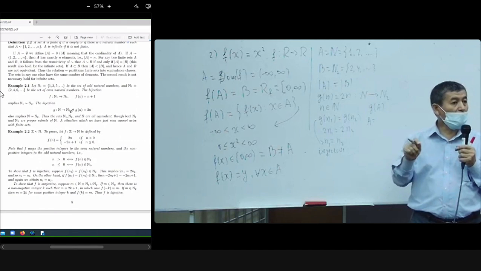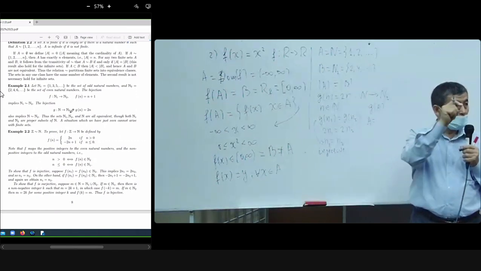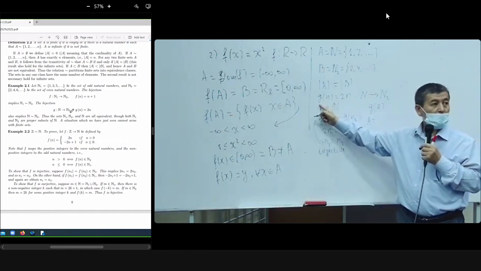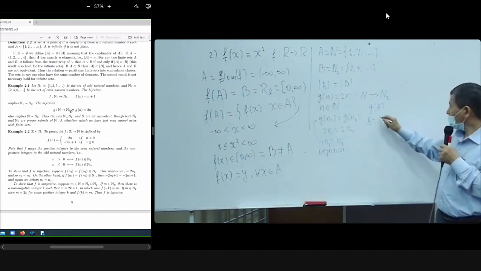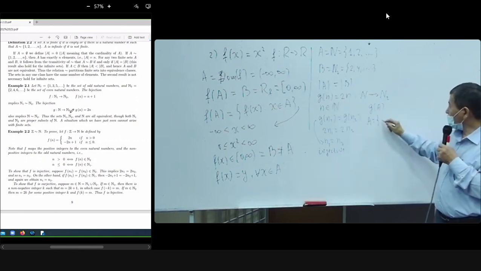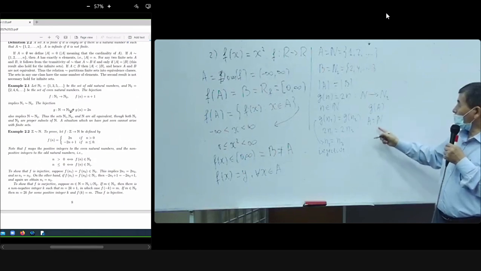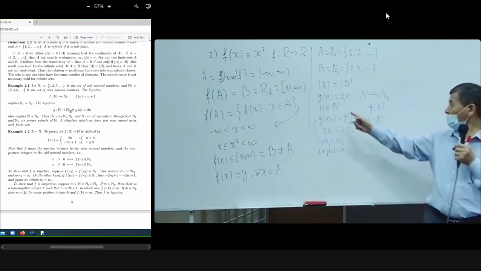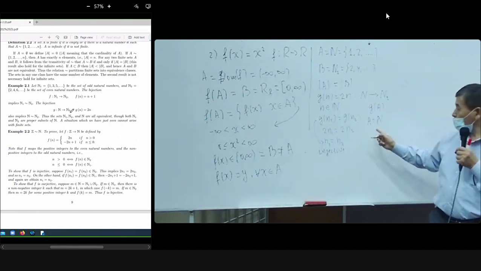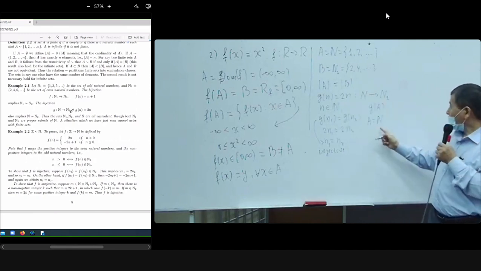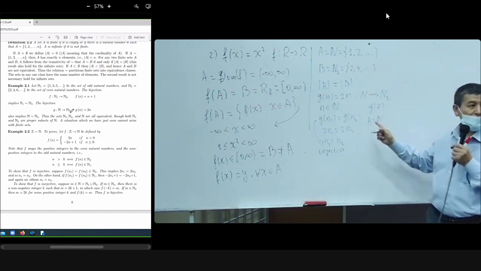A is the domain of G. Domain of G is actually N. I can see the domain of G is N: 1, 2, 3, and so on. See here, it is not an interval. This is numbers.